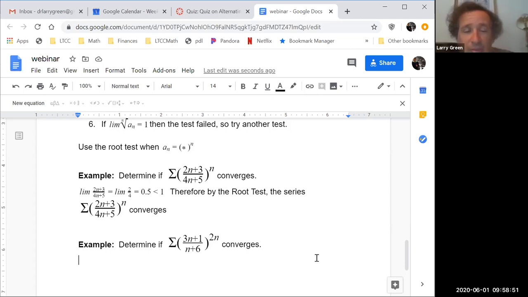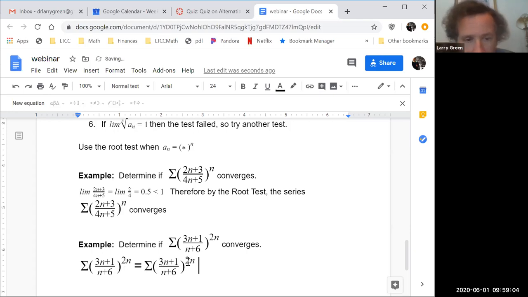And the reason why this one will work is there's rules of exponents. So the first thing I'm going to do is I'm just going to rewrite this series as this guy squared to the nth power.